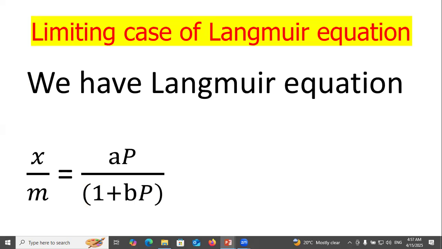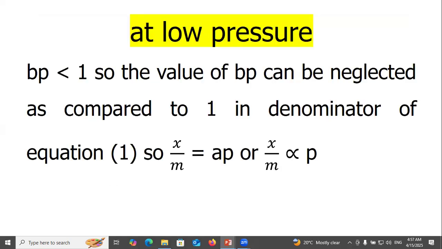Limiting cases of the Langmuir equation: we have the Langmuir equation x over m equal to AP over 1 plus BP. At low pressure, BP is less than 1, so the value of BP can be neglected as compared to 1 in the denominator of equation 1.